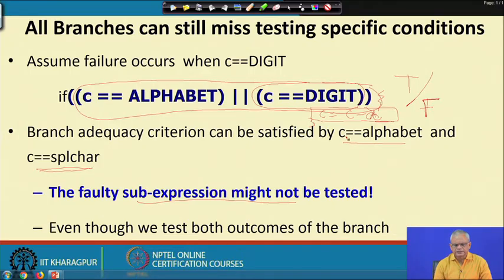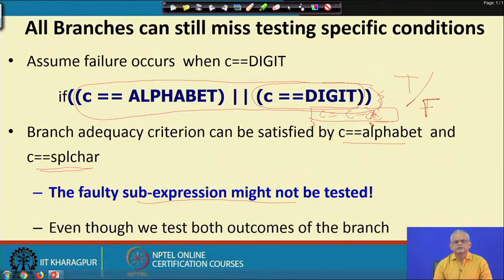If we had test cases which not only make the first sub expression true and false, but also make the second sub expression true and false, then we could have detected the bug.